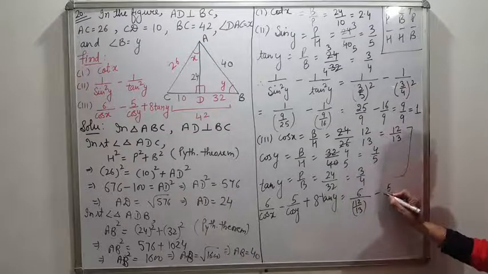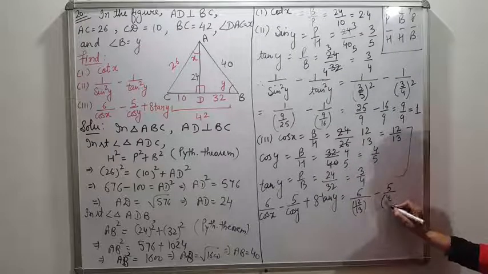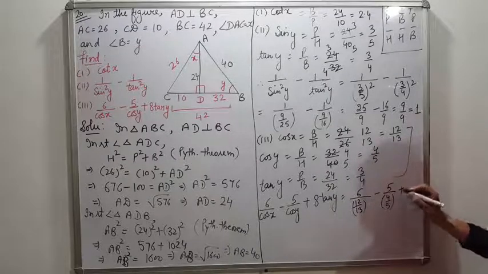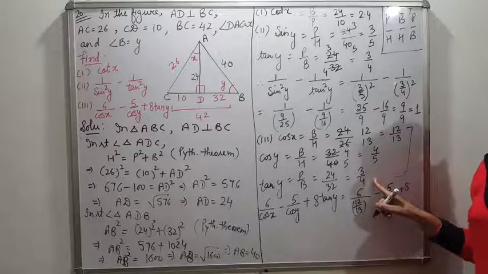Minus 5 upon cos y, 4 upon 5, plus 8 into tangent y. What is tangent y? 3 over 4.